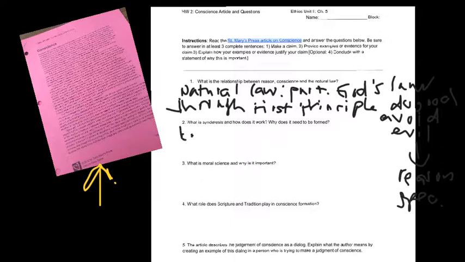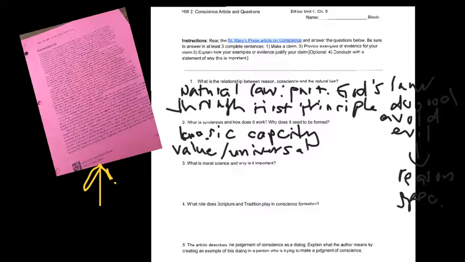Synderesis is the basic capacity of human beings to understand value and universal moral principles. Universal moral principles would be the natural law. Human beings have an ability to do this that makes us unique.